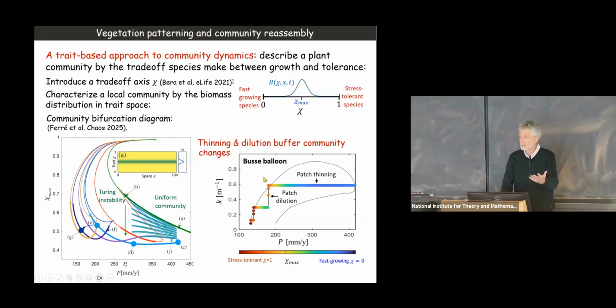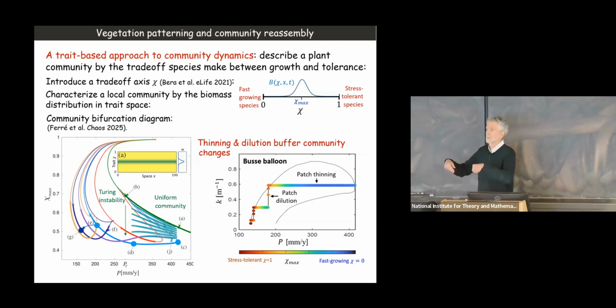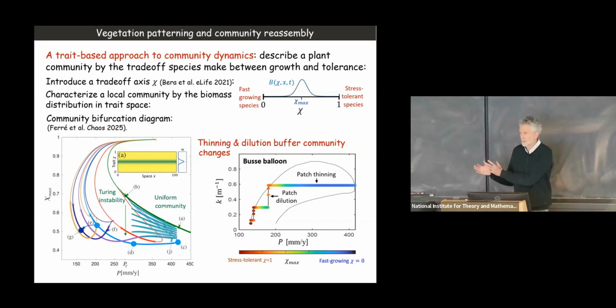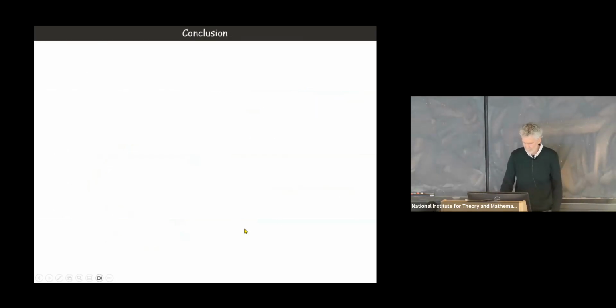And when we cross the Busse balloon boundary, the pattern becomes unstable and converts to stable patterns which have longer wavelengths. Therefore, we have a shift back to faster growing species. And again, we have the same procedure. Eventually, the system collapses.